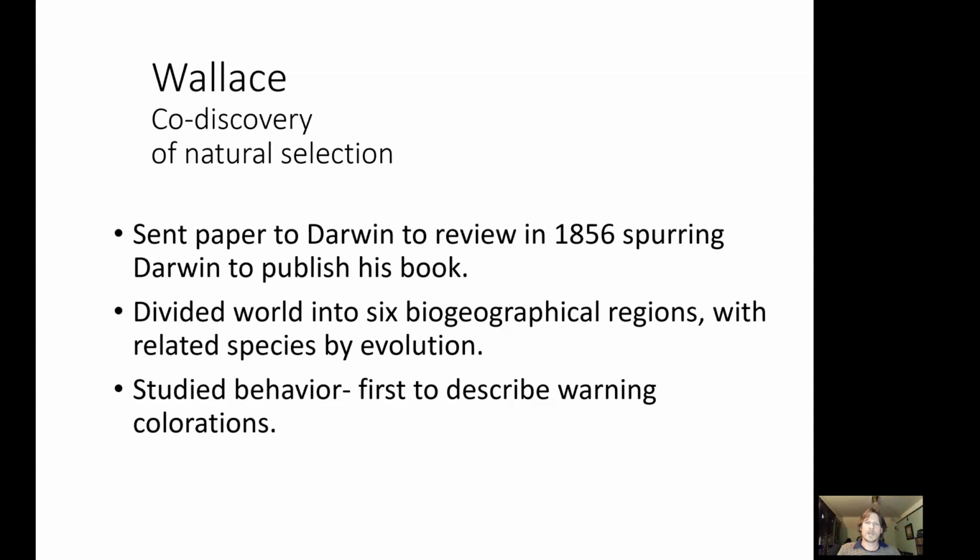Wallace is important because he's the one that gets Darwin to publish his paper, and the fact that an independent second person came up with the same idea gives credence to the whole concept or theory, right? So he's considered the co-discoverer, of equal weight really to Darwin, although Darwin, of course, has the book that comes out that makes him much more famous initially than Wallace.